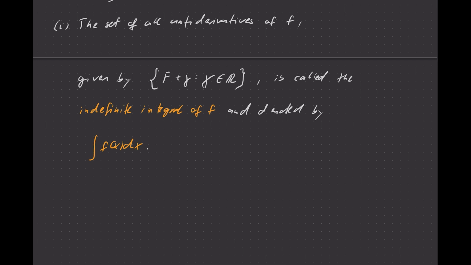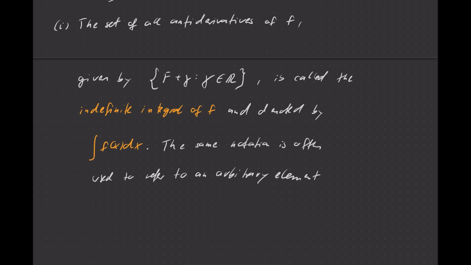Yeah, that's not really precise, but you will often encounter that. So let's make a note of that as well. The same notation is often used to refer to an arbitrary element of that set.